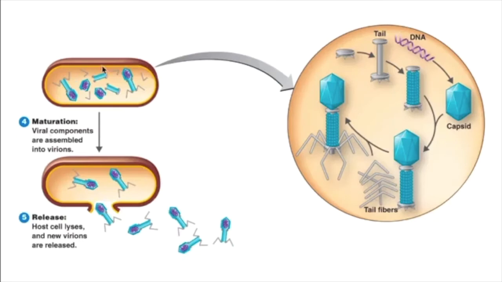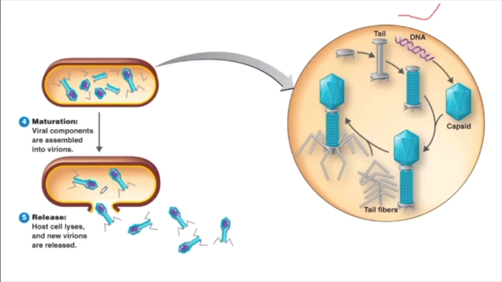Once all those processes are ready, it reaches the stage of maturation. All the virus components are then assembled, as you can see over here. They are put together and assembled, and then it is ready for release.